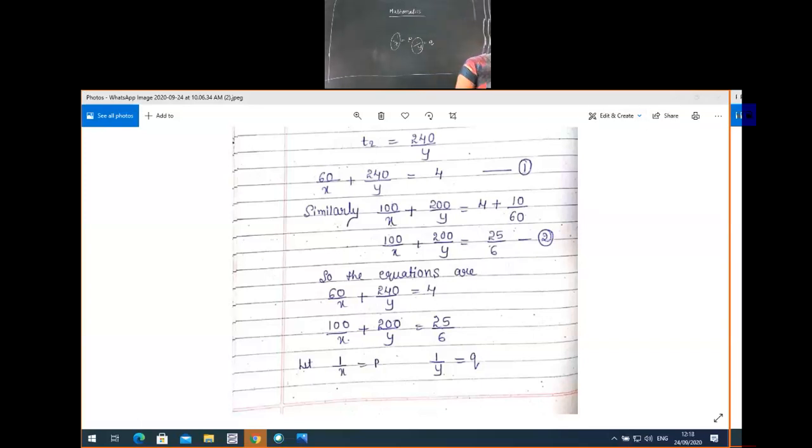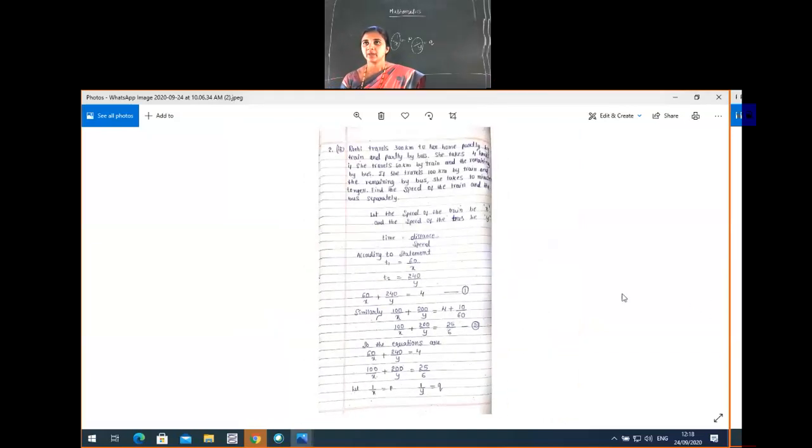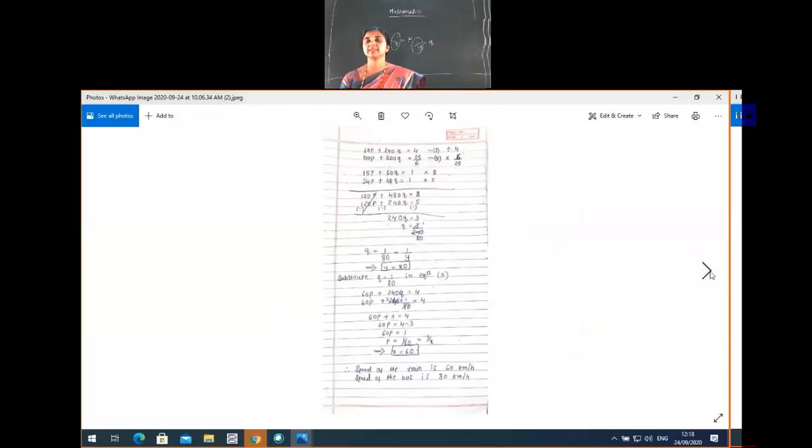Now again, applying the same method, the reducing method. Here we observe that 1 by x is common in both. So take 1 by x as p and 1 by y as q. Is that clear?